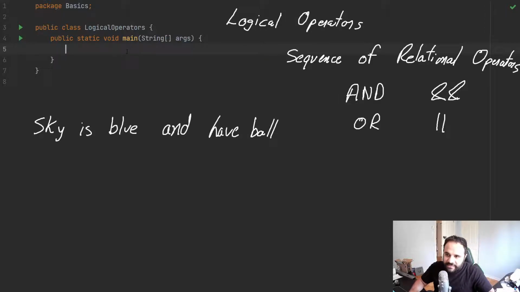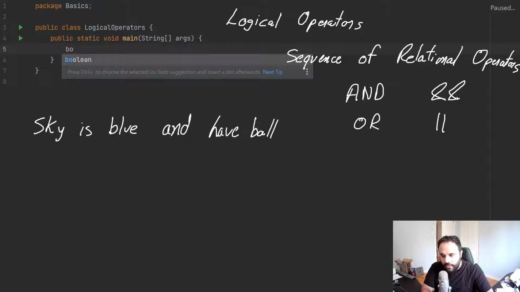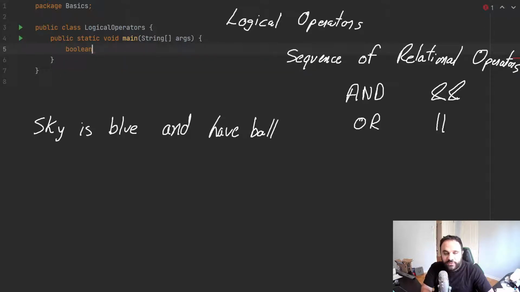So let's try this out. Let's say, again, we're going to create two variables. We have sky is blue and have ball. This is the example I utilized, so let's utilize that. I'm going to say a boolean to represent the sky.